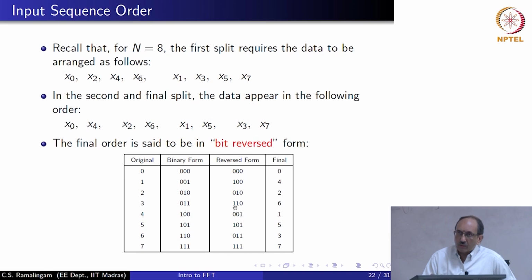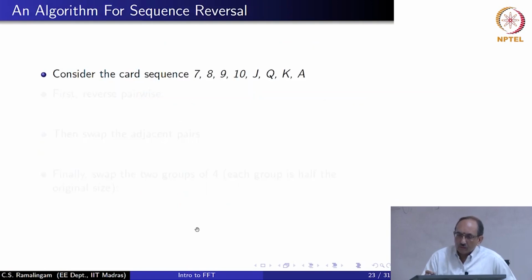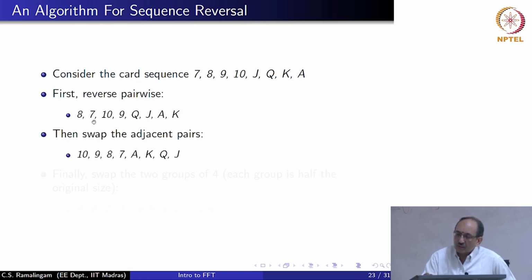Because after all this computational advantage that you have gained, if bit reversal requires a lot of overhead, then you are back to square one. You have not gained anything. So it is also important for you to realize that you need efficient processes for doing bit reversal. And if you have a card sequence 7, 8, 9, 10, Jack, Queen, King and Ace, if you want to reverse this, first you do pairwise reversal 8, 7, 10, 9, Q, J, A, K, and then you swap the adjacent pairs.